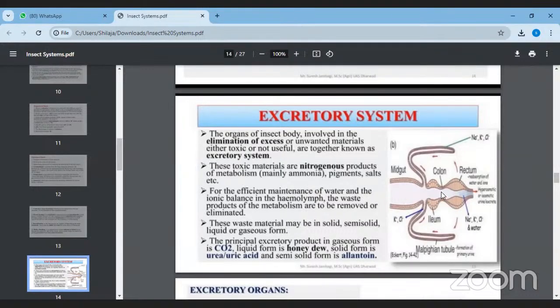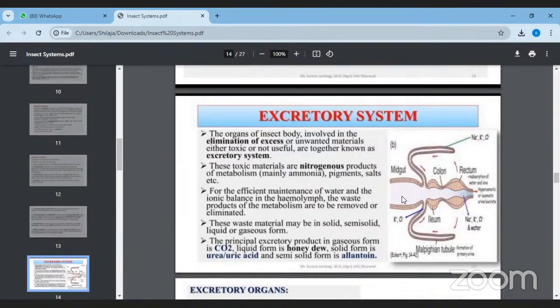When we see the reabsorption that takes place after this colon, the rectal papillae will help in the reabsorption of water. And usually there will be a variation in the Malpighian tubules, in how the tubules are convoluted in the body cavity, like 250 or more in some insects.